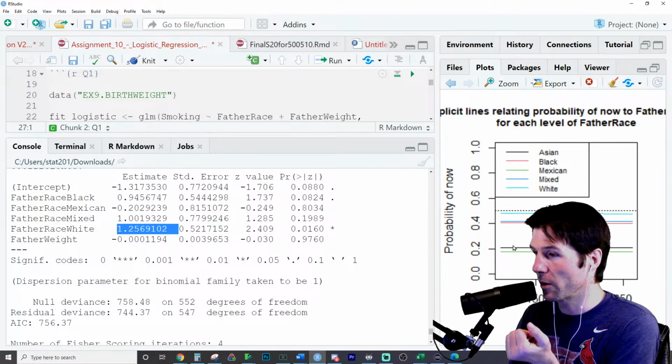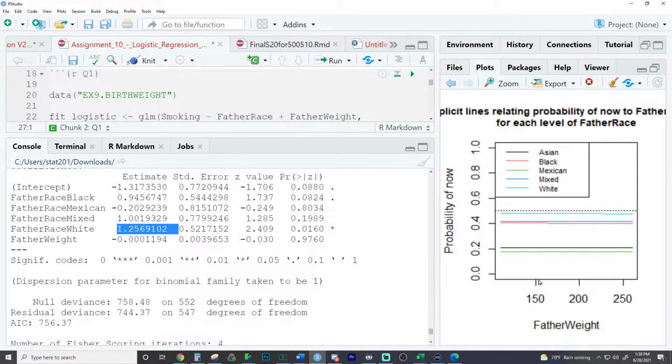We have maybe two fathers who are the same weight, i.e. they both are 150 pounds. So you've got an Asian father who's 150 and a white father who's 150. They're otherwise identical, have the same weight. So two fathers who are otherwise identical, but one is Asian and one is white. The father who is white is more likely to have a pregnant spouse who is smoking now.